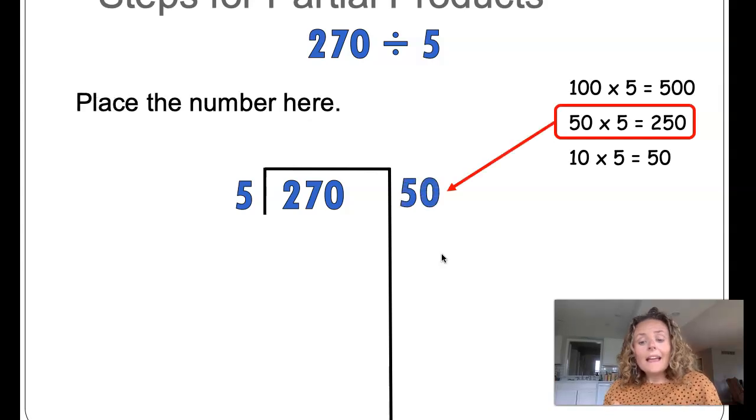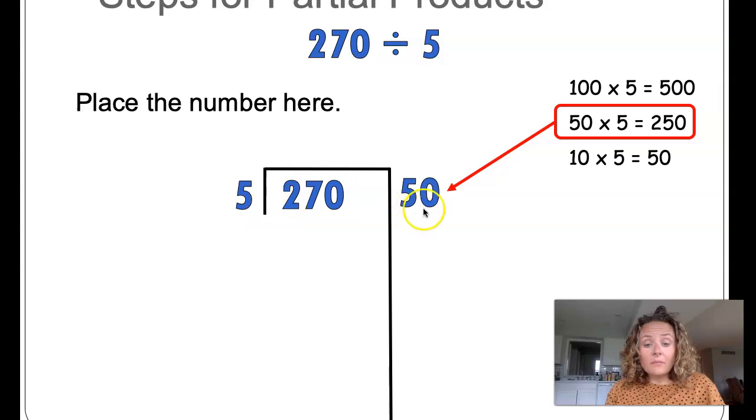And one thing I forgot to add: when I am doing a division problem, if it's just the raw or naked numbers, I like to tell myself a little story. So if I had 270 cookies and I was dividing them by 5 families, how many cookies would each family get? So I'm starting off by giving each of my families 50 cookies.